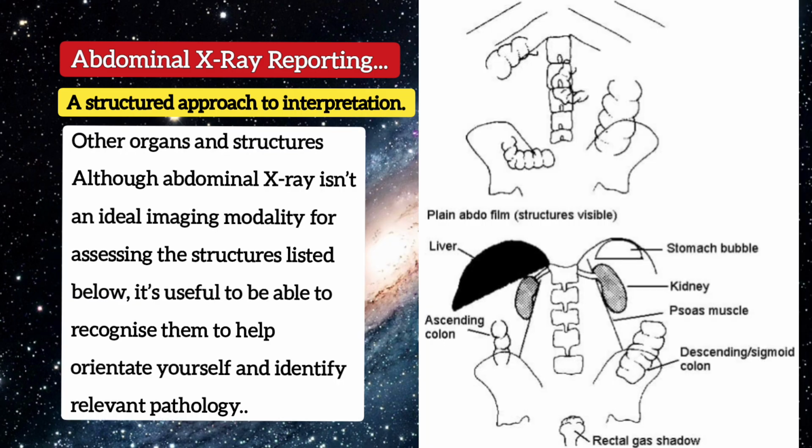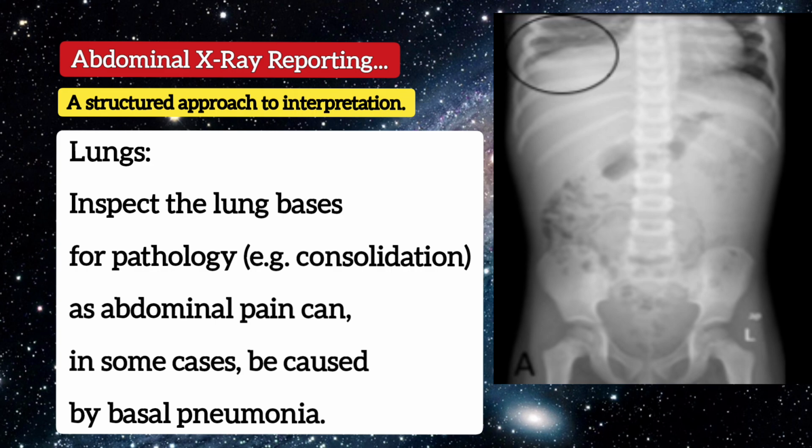Other organs and structures. Although abdominal X-ray isn't an ideal imaging modality for assessing the structures listed below, it's useful to be able to recognize them to help orientate yourself and identify relevant pathology. Lungs. Inspect the lung bases for pathology, for example consolidation, as abdominal pain can, in some cases, be caused by basal pneumonia.